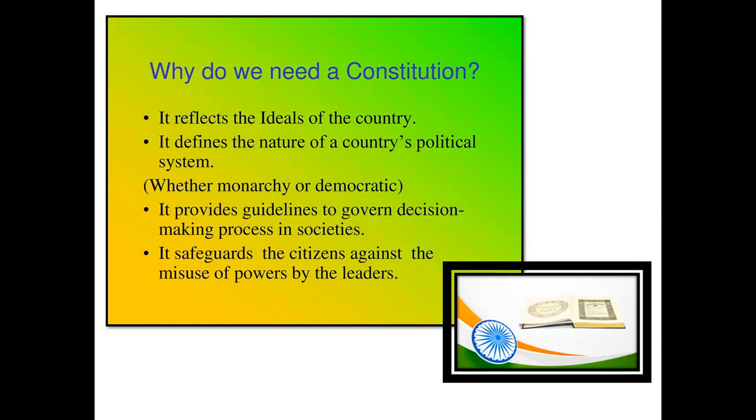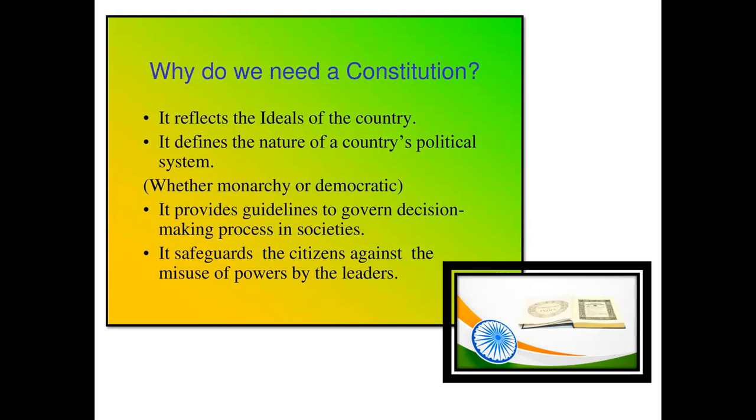In the same way, each country has its own constitution, and by seeing that constitution we know what kind of policy the country is following. So with the help of the constitution, we can imagine what kind of country it is. In our country we have the right to religion, but in all countries the right to religion is not given.